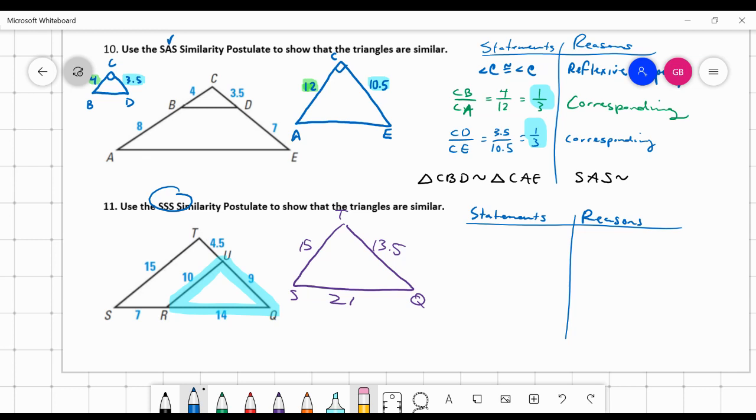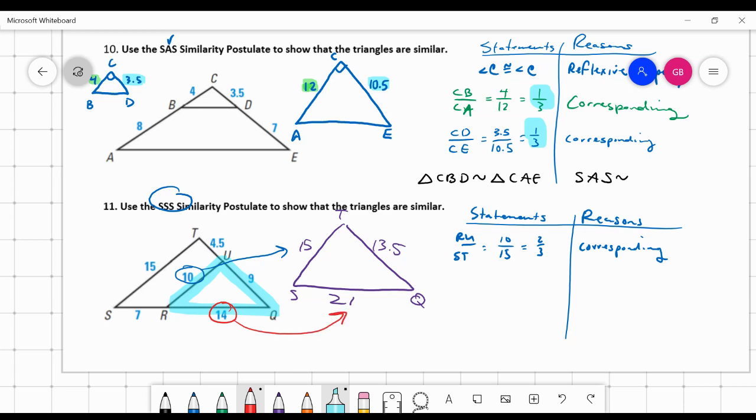So first, let's compare this 10 to the 15. So RU over ST is 10 over 15, which simplifies to 2/3.